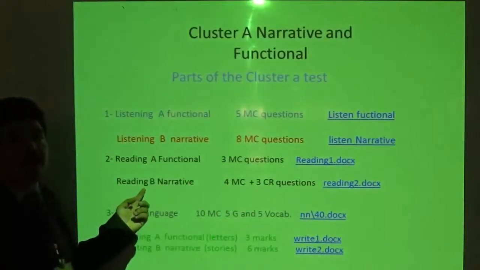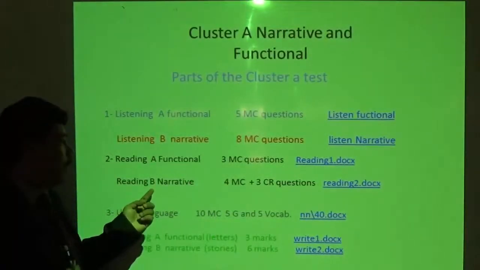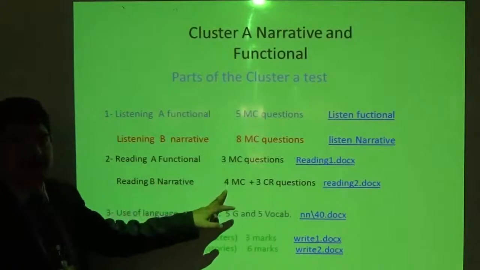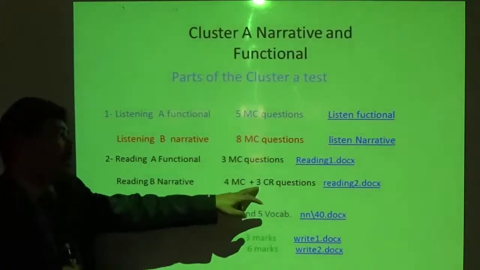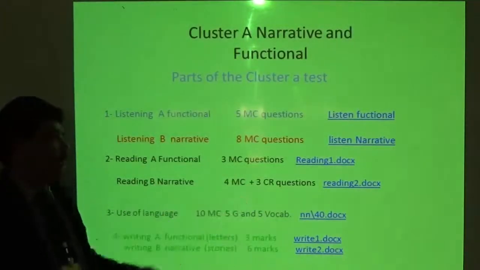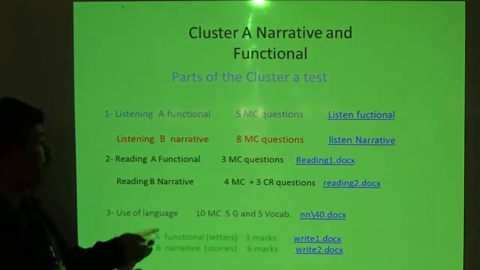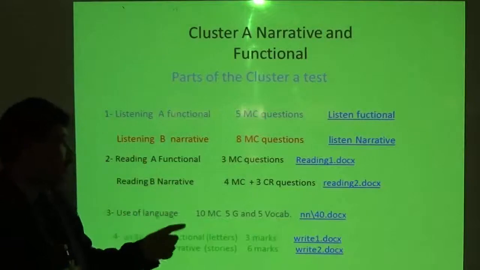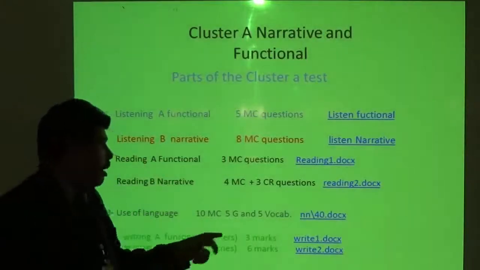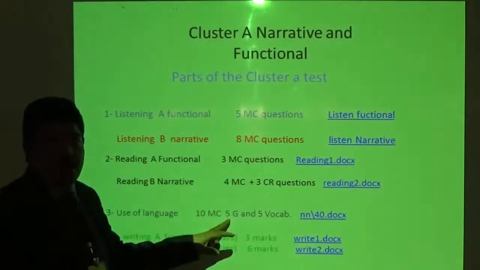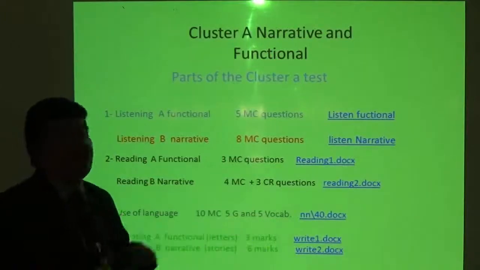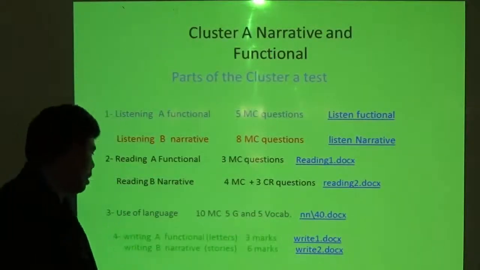Reading number B is about narrative, the story, and it has 4 multiple choice questions and 3 CR questions. The third part of the test is the use of language, 10 sentences, grammar and vocabulary: 5 sentences for the grammar you have in the cluster, and 5 sentences for the vocab.